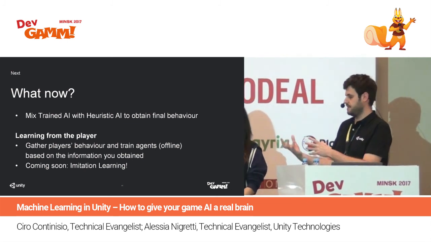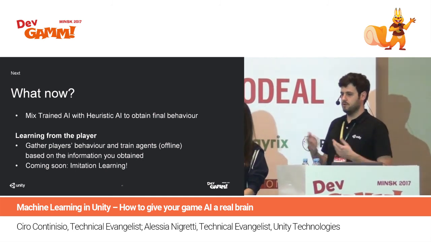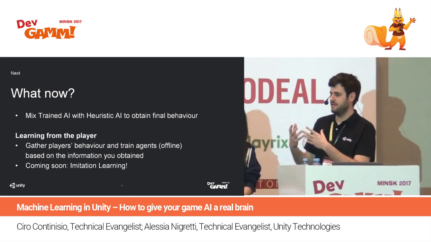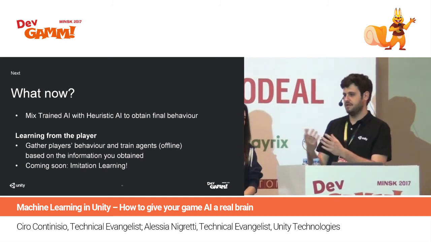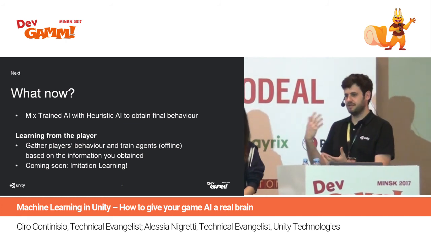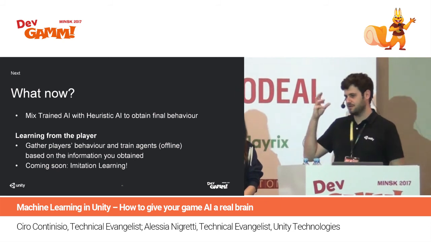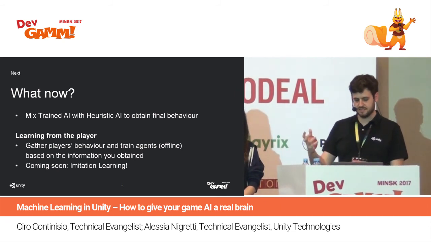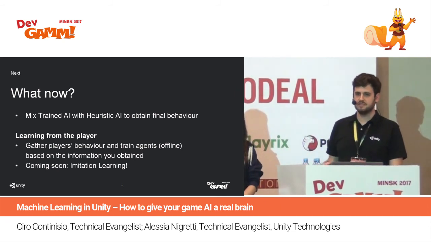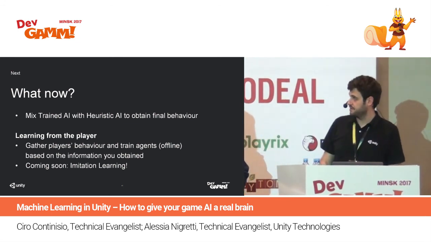So for instance, you can handle hard-coded position in the world and, you know, locomotion and stuff like that. And then once the enemy gets in range with the player, you switch to the machine learning behavior and you use that to provide an interesting challenge. And then once the player steps away, you just switch back to the hard-coded behavior. So you can mix machine learning with other techniques for more complex games to obtain the final behavior.